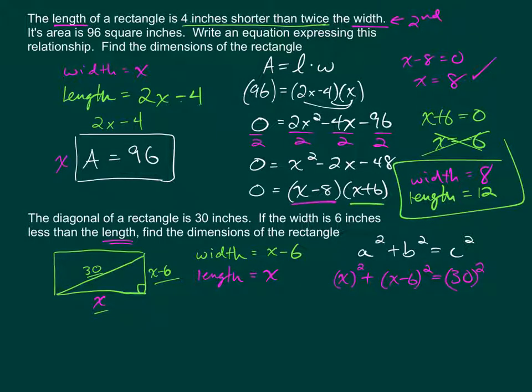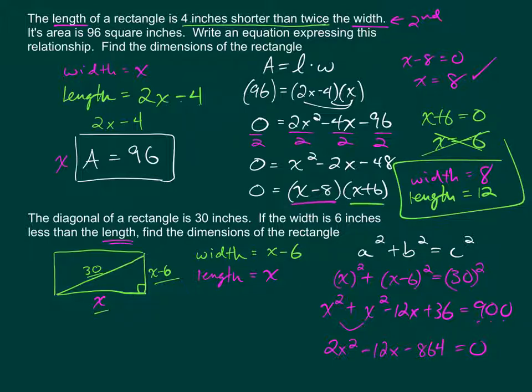So from here, all of this can be FOILed out if it needs to be FOILed, and the new equation will look like this. Then some terms can be combined on the left, and I will also subtract 900 from both sides to get a new equation that looks like this.